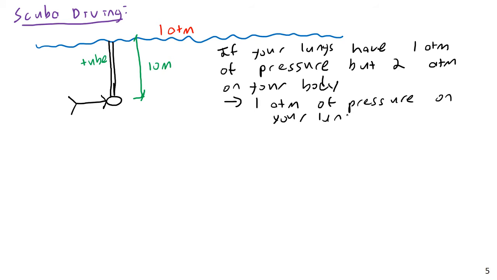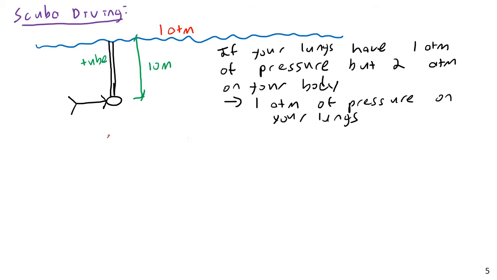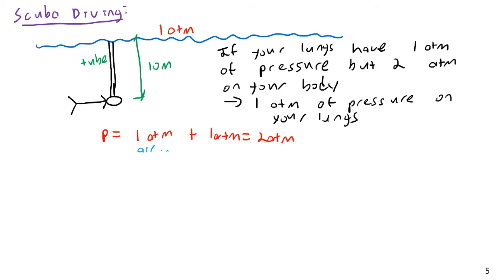Again, where the 2 atmospheres is coming from is P equals 1 atmosphere plus 1 atmosphere equals 2 atmospheres. This is the air above and this is the pressure from the water. In this case, they're the same, to make the math simple.